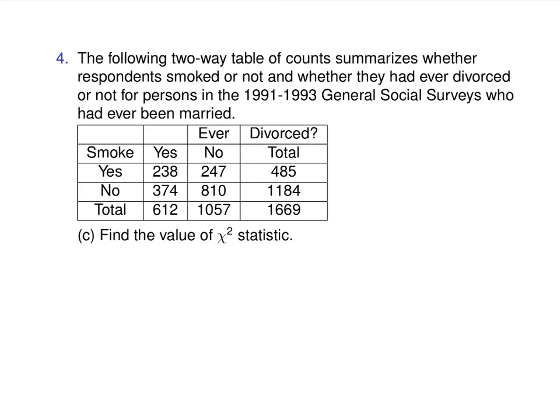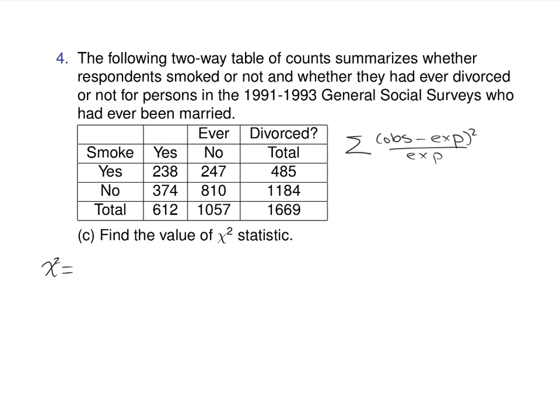Find the value of your chi-squared statistic. Well, the formula for that is the sum of observed minus expected squared, all divided by the expected value.